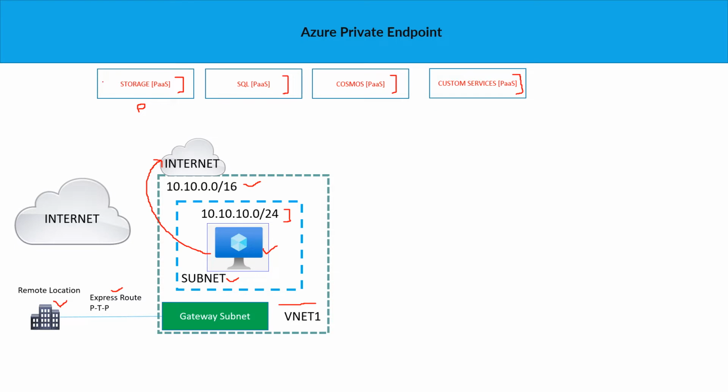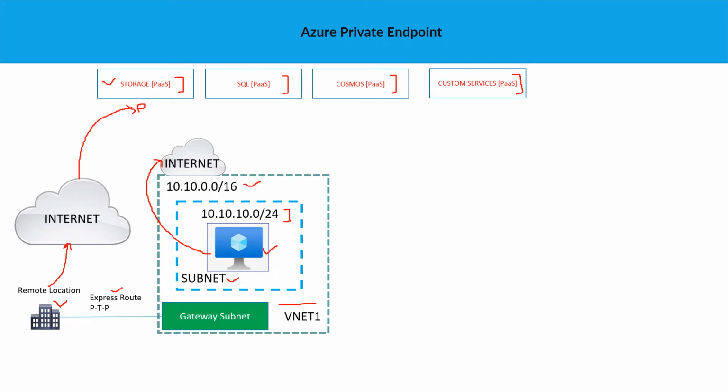For example, if I provision a storage account and I want to use blob services or any other services which are part of the storage, if I want to connect to it from the remote location, I need to use the local internet gateway to reach out to the public IP address.